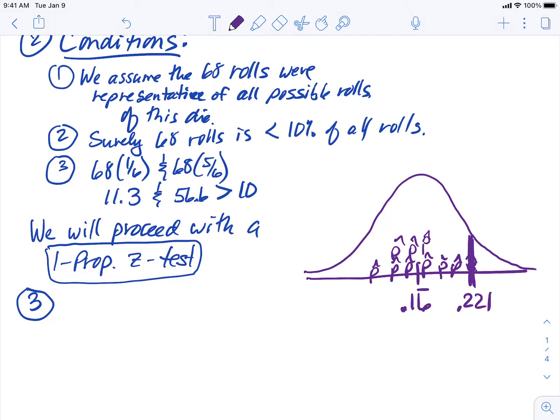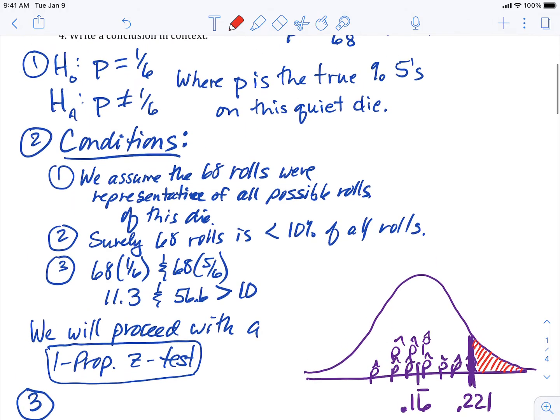So if we were going to shade in the area that we're concerned about, we want to know what's the probability of getting a sample proportion of 22.1%, or even more extreme, if the null was actually 0.16 repeating. Now here's something that's kind of weird. It's something you have to just think about.